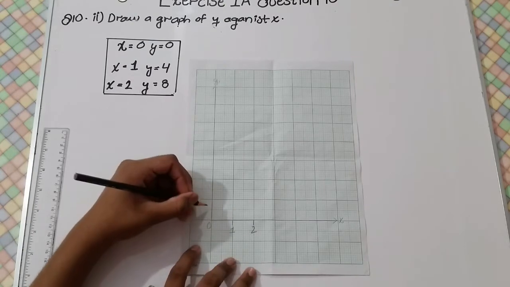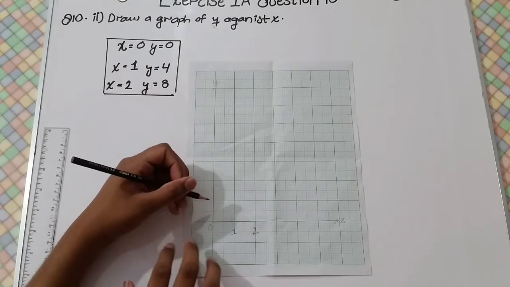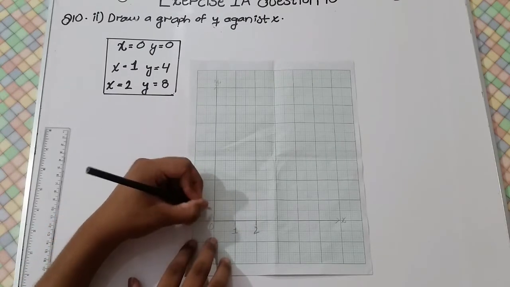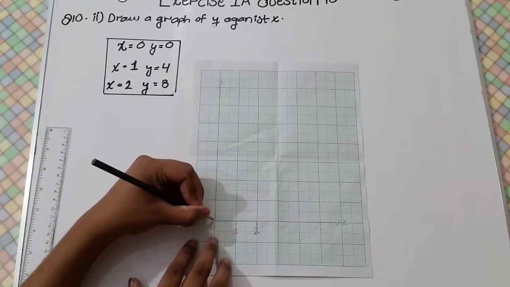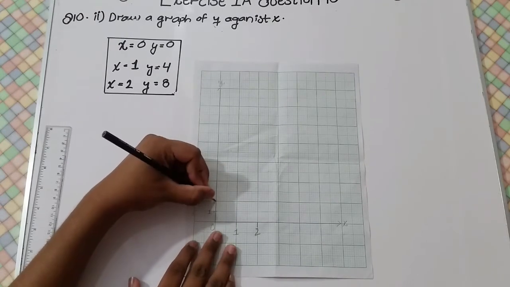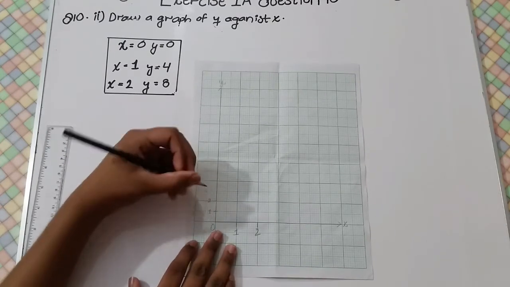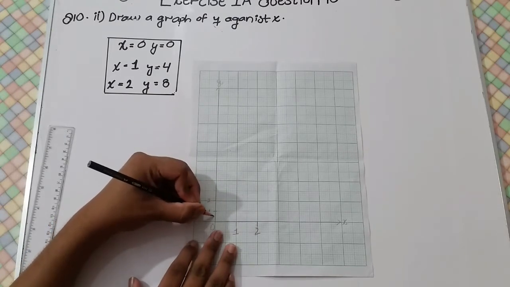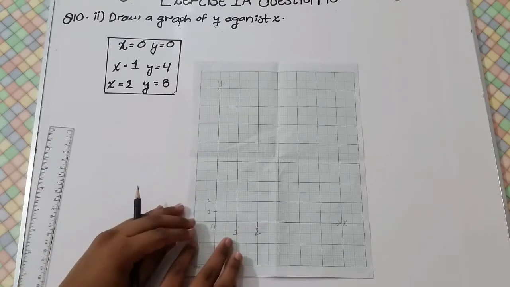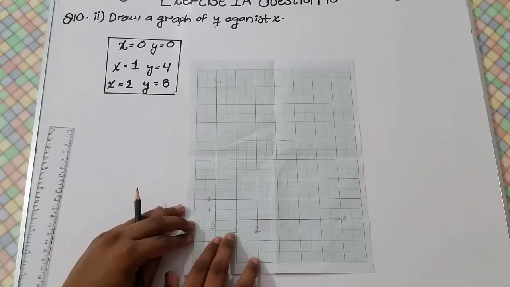Now over here there are a lot of values of y from 0 to 8. So we are not going to leave one box, we are going to leave these squares. This is 0, then this would be 1, and then this would be 2. We are going to leave 5 boxes for each number, whereas over here we left one whole square.